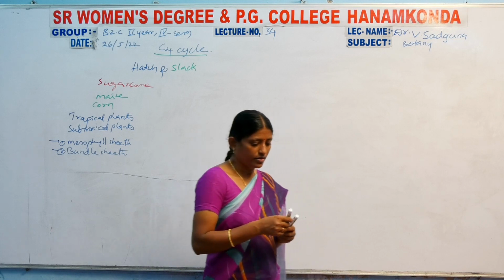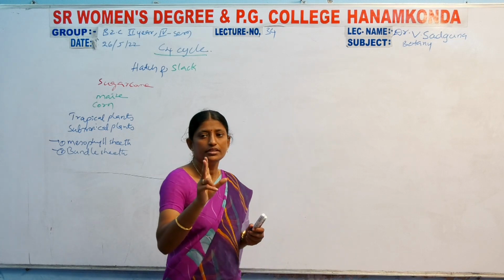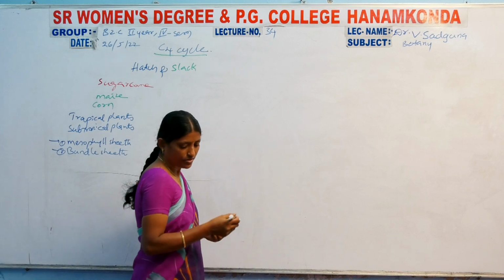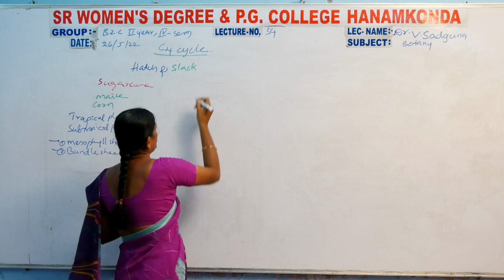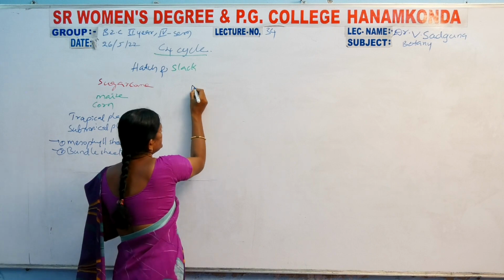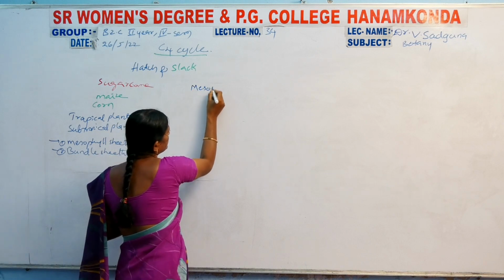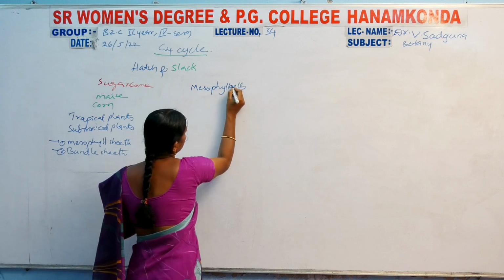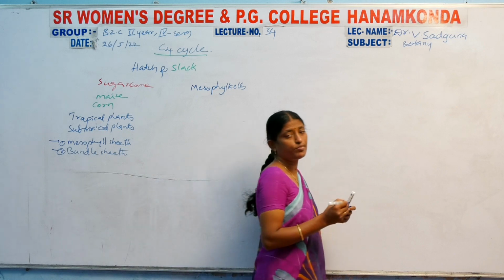So now the involvement of the two kinds of cells: first the mesophyll cells, then here the bundle sheath.